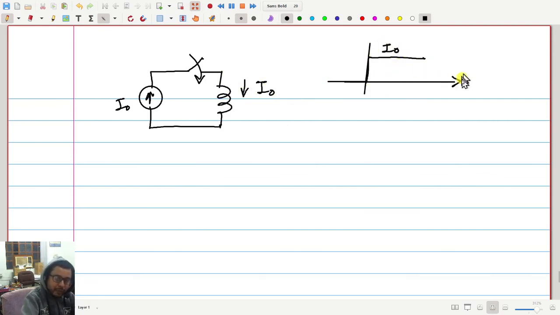So there is a sudden jump, so the derivative is infinite. So the voltage will be infinite for a brief moment.